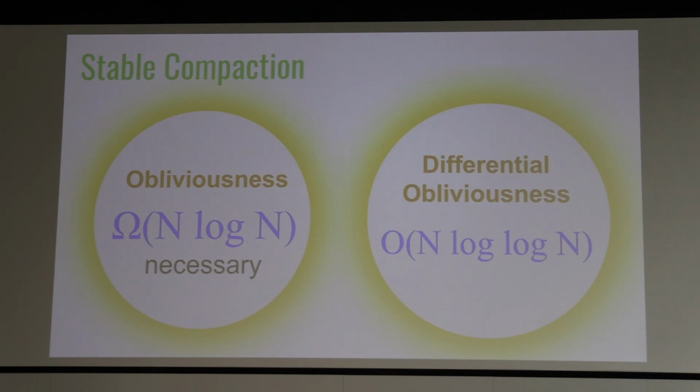For this task, I'm going to show that if you want obliviousness, then a broad class of natural algorithms in the balls and bins model must incur at least n log n overhead, whereas if you only need differential obliviousness, you can do better. For our upper bounds, like I said, we are going to use epsilon constant and delta negligible in n. So this shows a separation between these two notions. Yes, please.